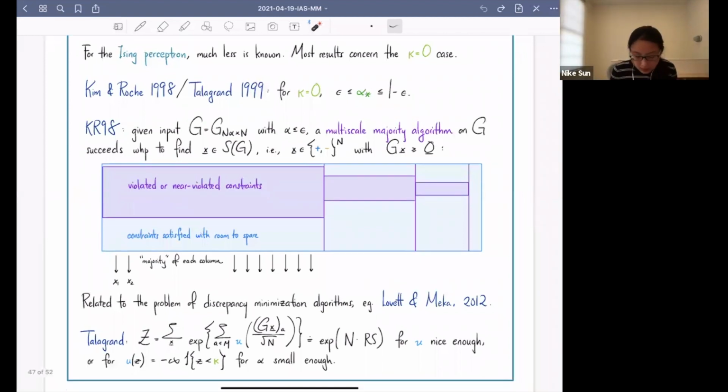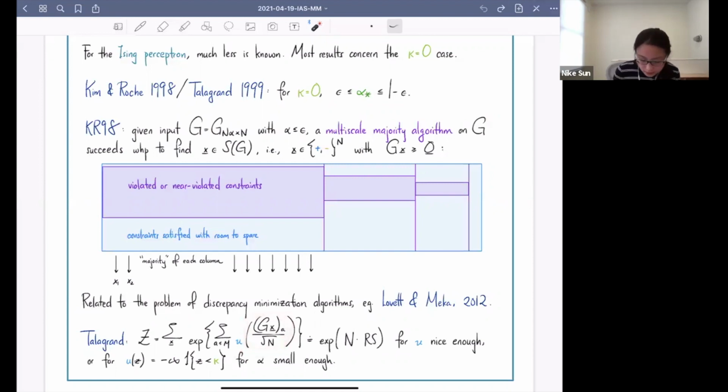Okay, then another result that I want to mention. I actually couldn't find the date for this because I couldn't find it published anywhere outside of Talagrand's book, so I guess it's from his book. This is to consider a generalized model where I still sum over the discrete cube, and I take the exponential of a sum over a of some function u, which is specified by the model, applied to the a-th entry of g times x, divided by square root n.